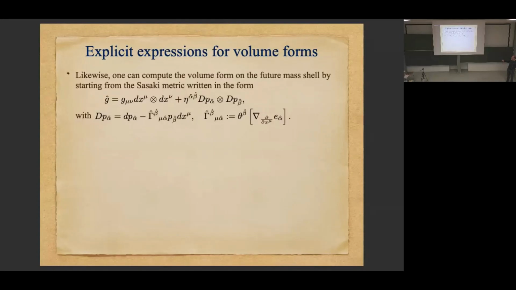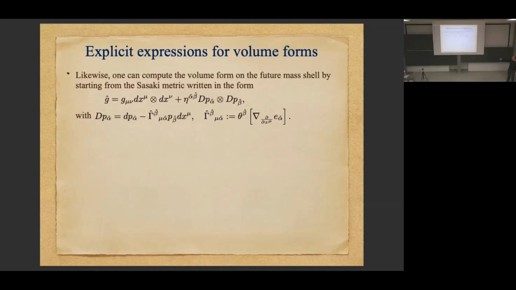Okay, and then you can do the same now if you go back to the Sasaki metric. You can start from the Sasaki metric, and by imposing again this mass shell condition, you can compute explicitly the induced metric on the mass shell. Now the only complication is that here you have this covariant dp, which involves the Christoffel symbol.